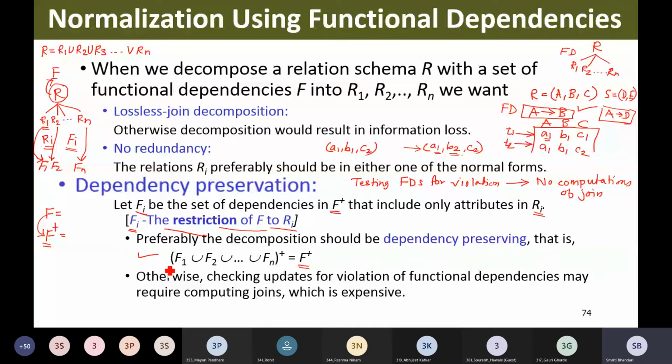The condition is that if we find the union of the individual sets F1, F2, Fn, we get one more set, and the closure of that set must be equal to F plus, the closure of the original set of functional dependencies.